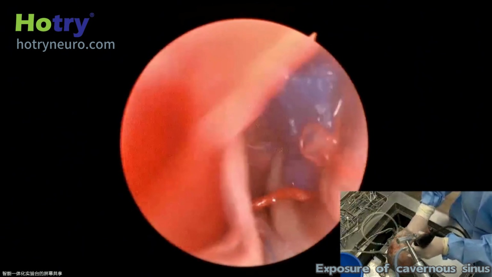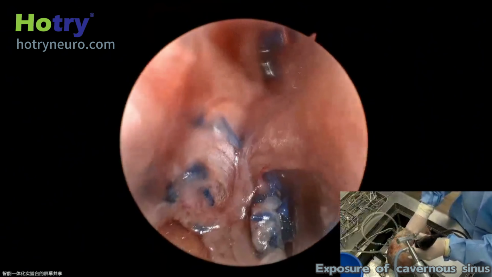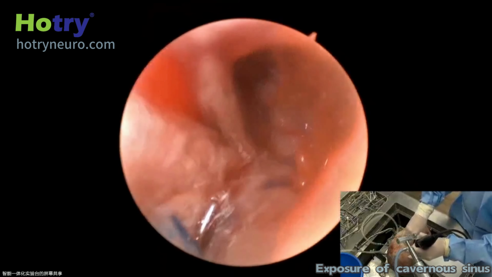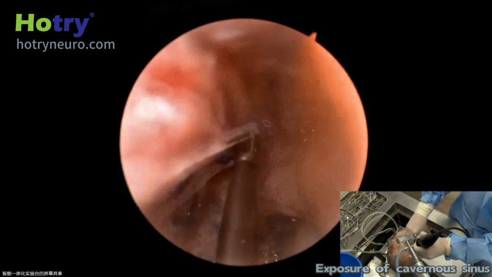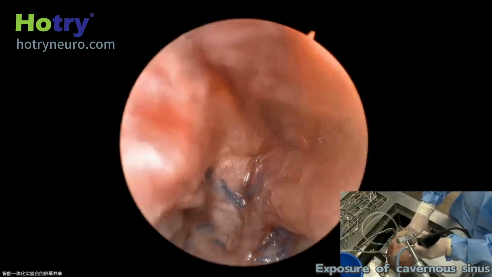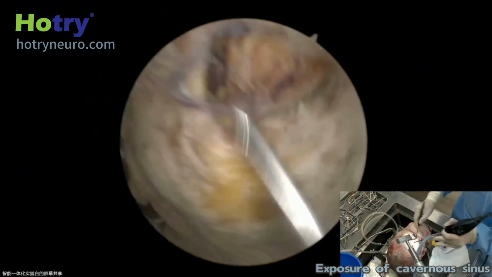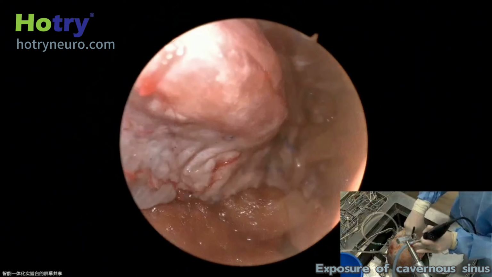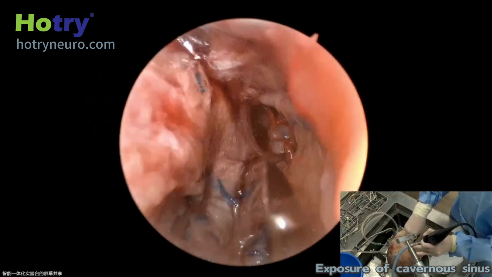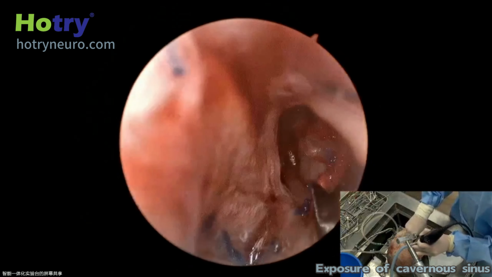Here would be the compartment inferior to the abducens nerve. If I go through the Parkinson's triangle, the compartment would be superior to the abducens nerve. And here is the carotid artery.